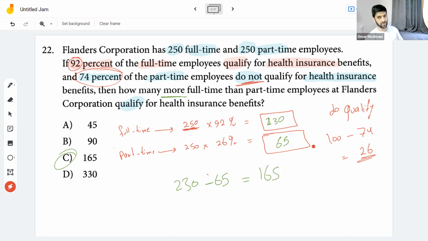So if 74% are not qualified, how many are left to be qualified? 26% are qualified, because I have two types, either qualified or not qualified. Jana, you understand? Nice.